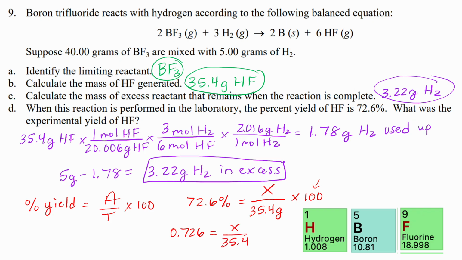So now to get x by itself, we're going to multiply 35.4 on both sides. So I have 35.4 times 0.726. So that means x, or my actual yield, is going to be 25.7 grams of HF. And that is our answer for part D.